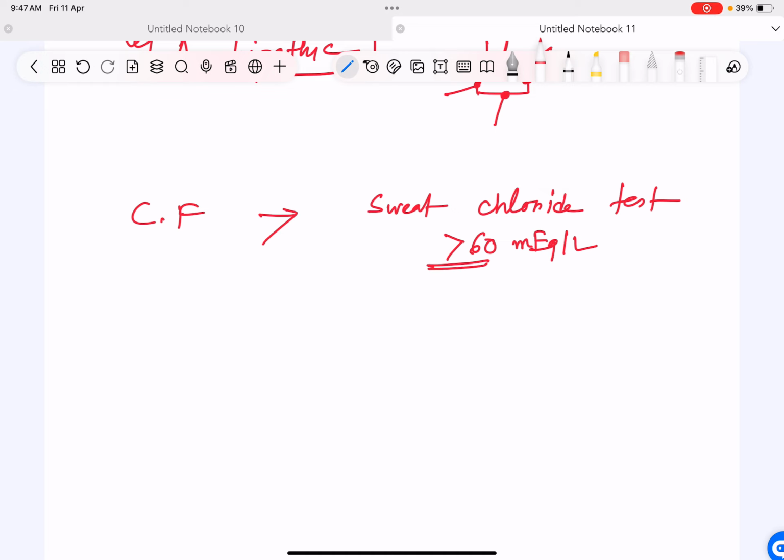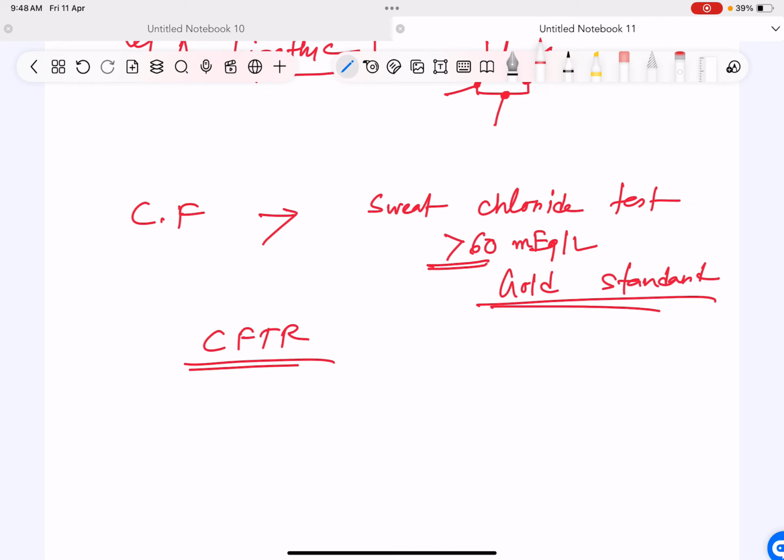So it's the gold standard test. Genetic testing like CFTR mutation analysis is very costly, but the sweat chloride test is very much possible to do.